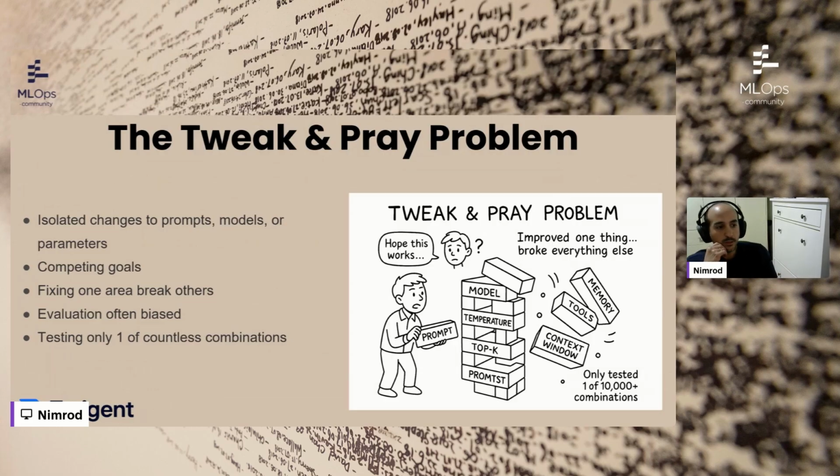The way that usually things are happening is by the engineer getting that instruction, then trying to make tweaks and hoping that those tweaks would work. The tweaks are trying to improve multiple measures most of the time, so maybe improve performance while maintaining the cost.